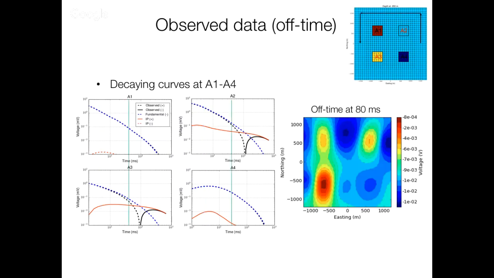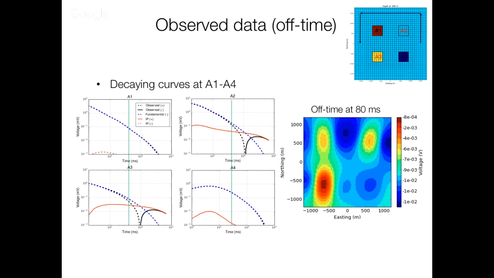So as I increase in time, I look at images that are like this. Now, interestingly enough, A3 actually has a larger response than this, and here's our block here.